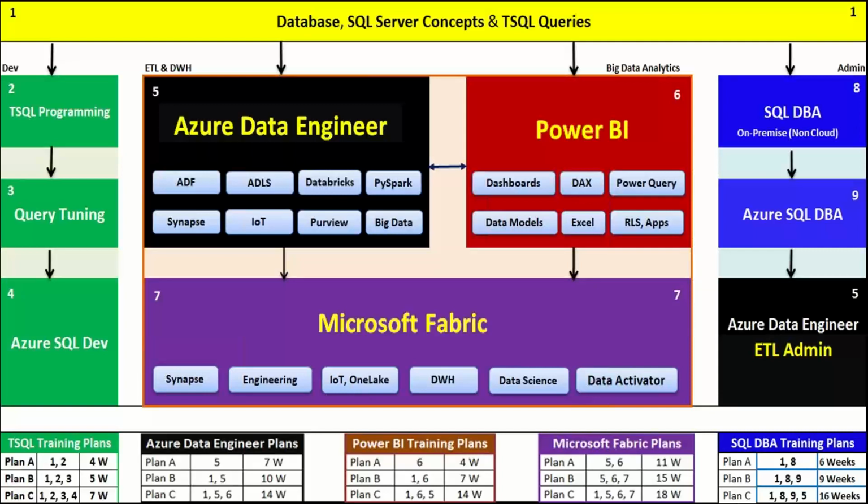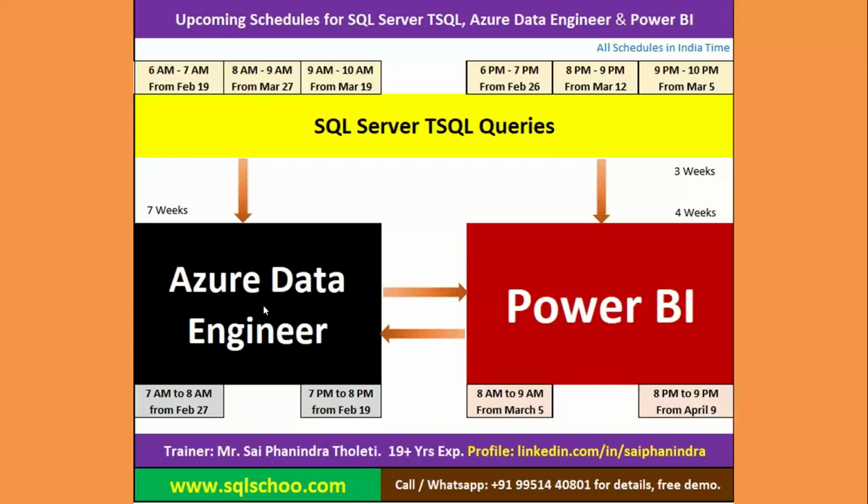And the schedules for data engineering: 7 a.m. to 8 a.m. India time from Feb 27, or 7 p.m. to 8 p.m. from Feb 19, 2024. Similarly, we have schedules for Power BI and schedules for SQL.